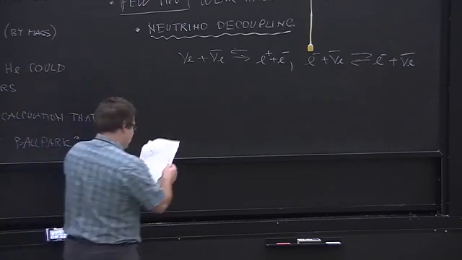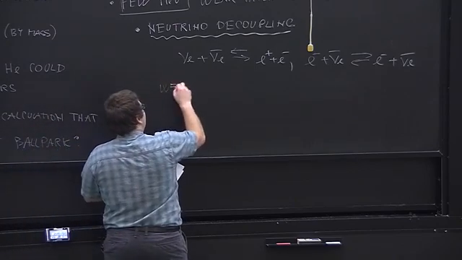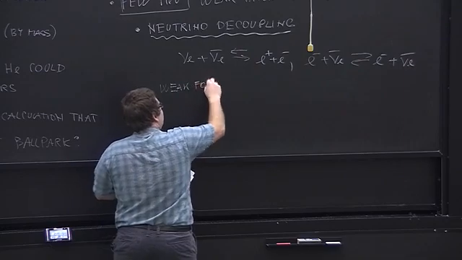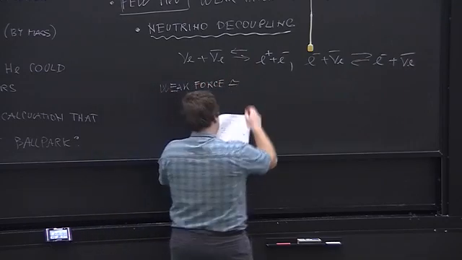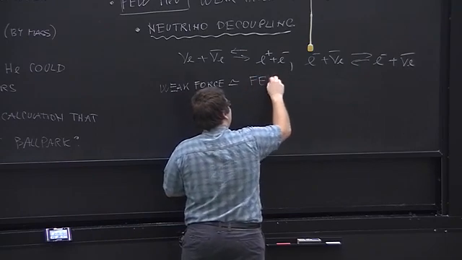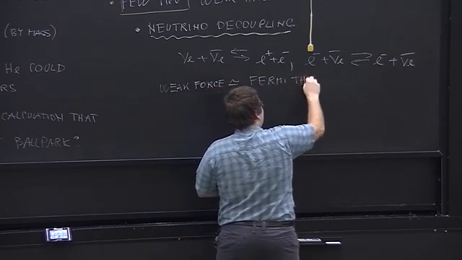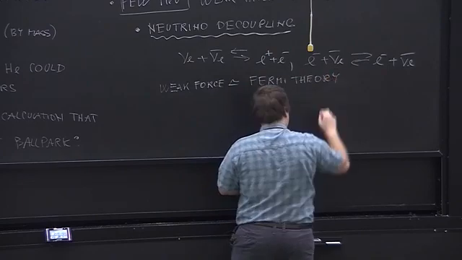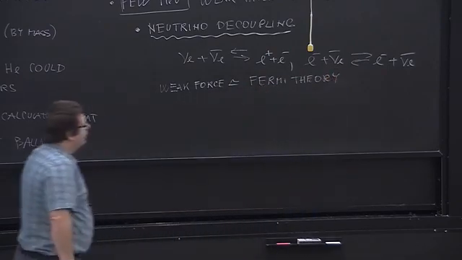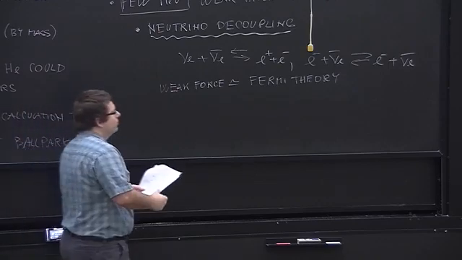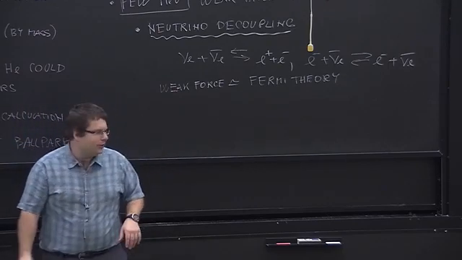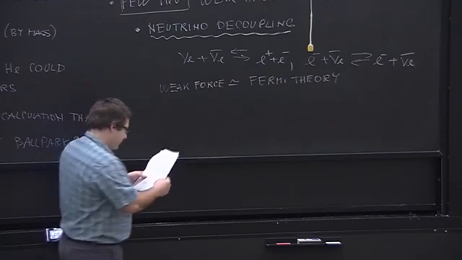So the weak force at these temperatures is well approximated by the Fermi theory. The Fermi theory is characterized by the Fermi constant, which is a dimensionful constant, which is a problem for normalization, but for us it's quite convenient.